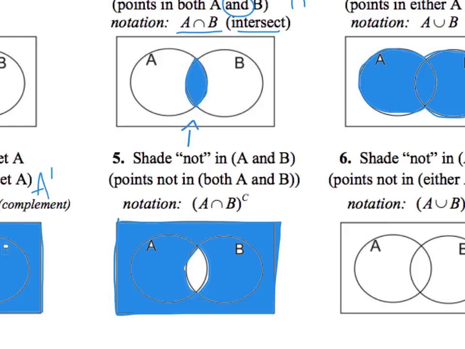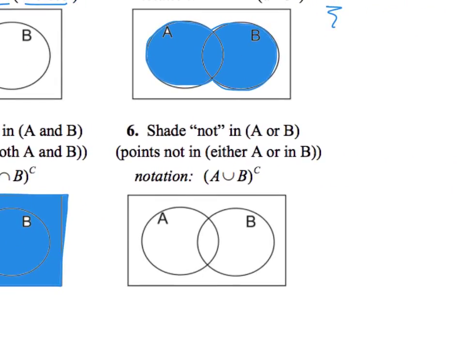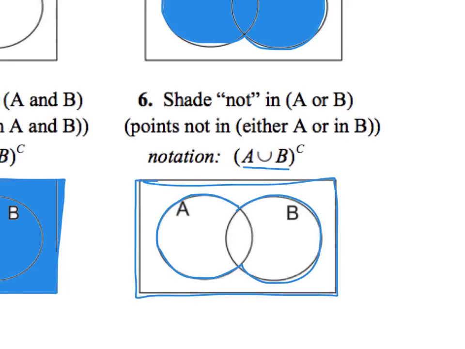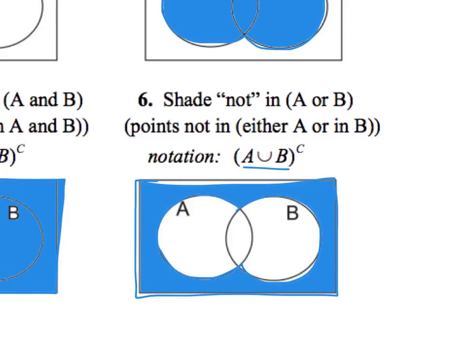You just have to figure out what you're doing. It's just like order of operations: do the inside first. A or B is, again, just look at the Venn diagram above. This is A or B, so it's everything that is not in A or B. Okay? So these are the symbols. We have the or, the and, and the complement.